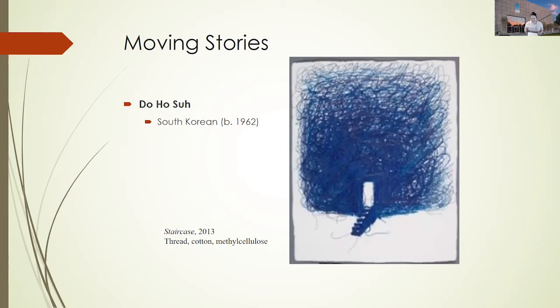And this piece is actually a miniaturized version of that. It's just a basic piece that sits on the wall, but the process is very interesting. It's called Staircase, and it is embroidery thread that was embroidered on a gelatin tissue.